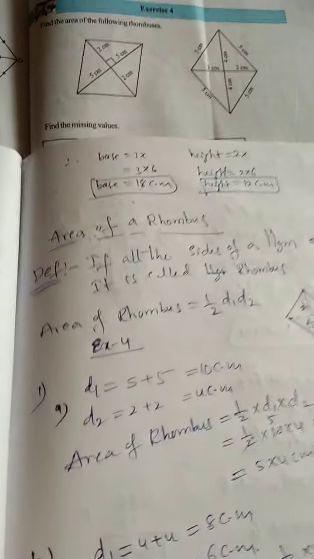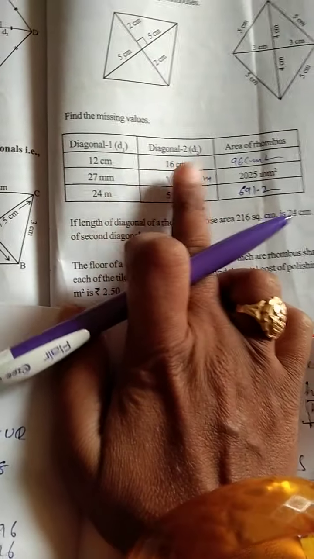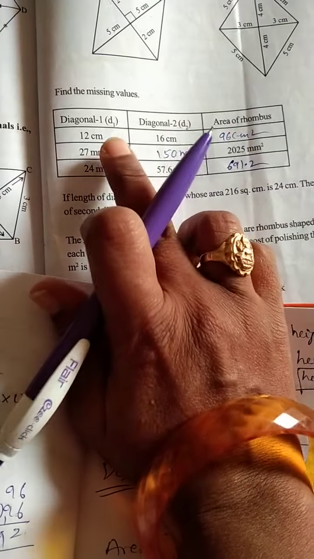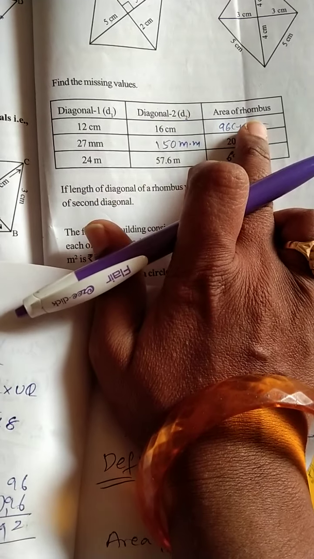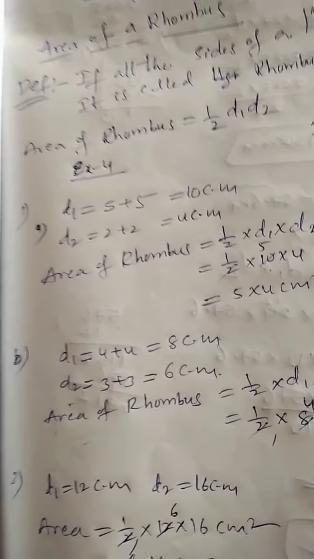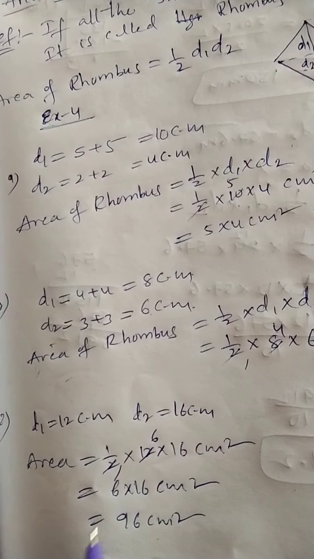In a similar way, the second question is given here. One box is given, in which some values are given and some values we need to find out. In this first box, d1 and d2 are given, and the area of the rhombus we need to find out. See here, d1 is 12 centimeters and d2 is 16 centimeters.